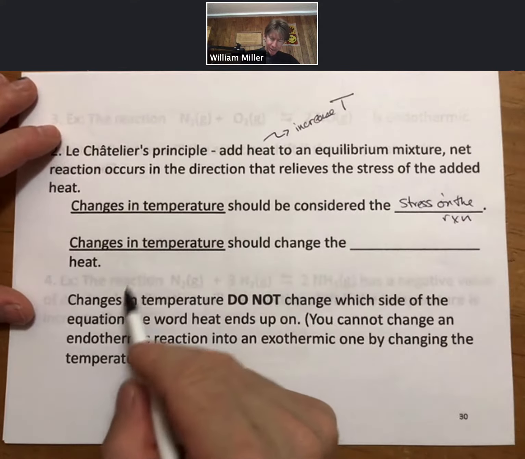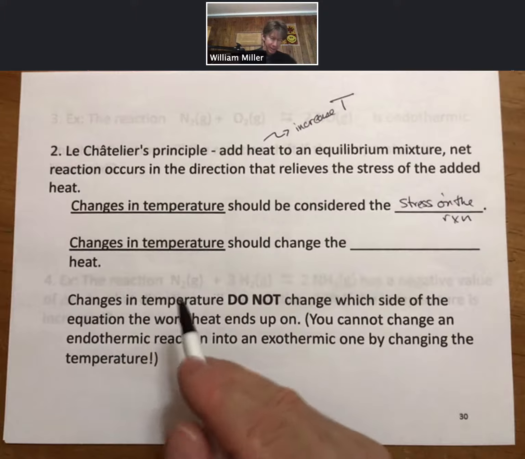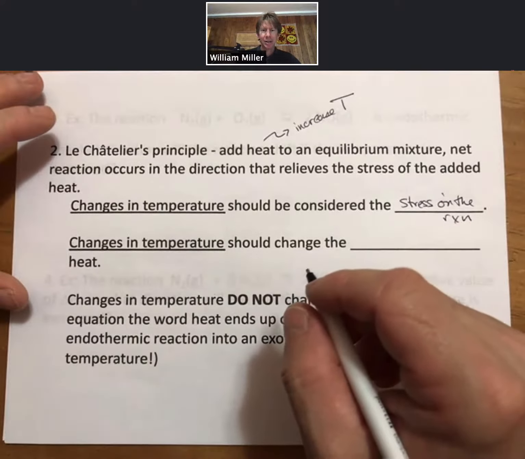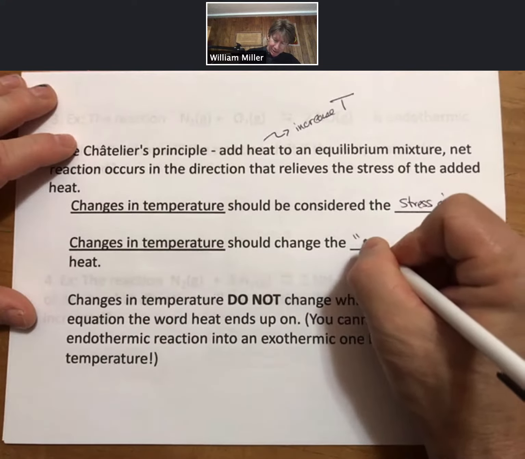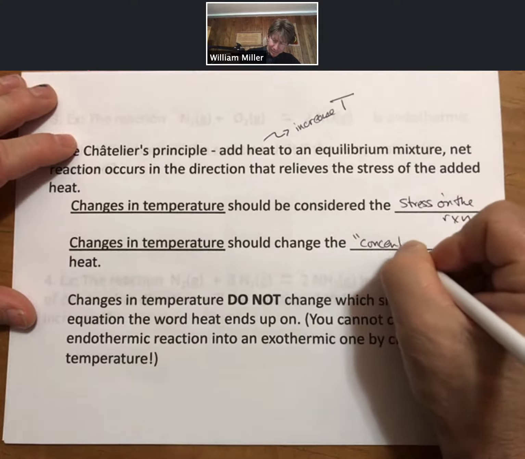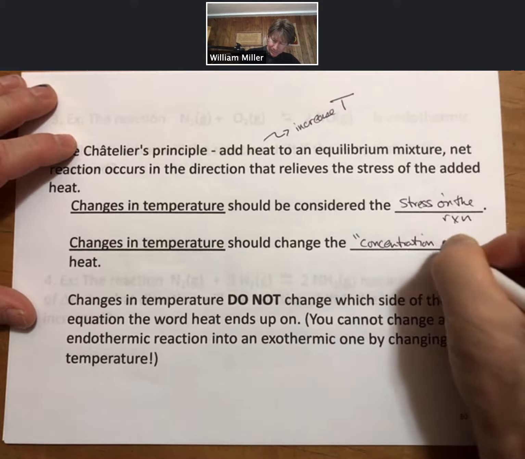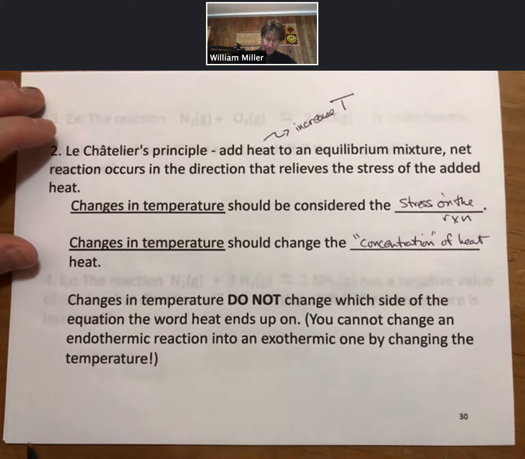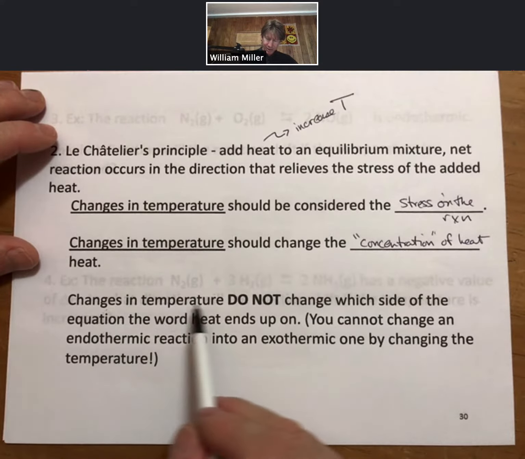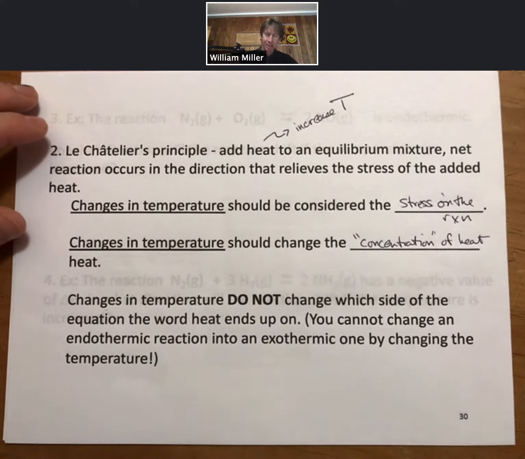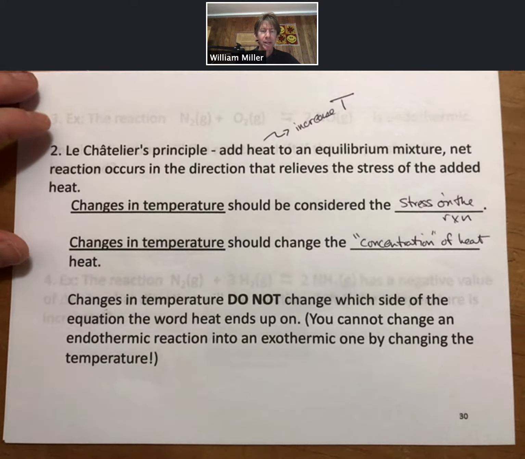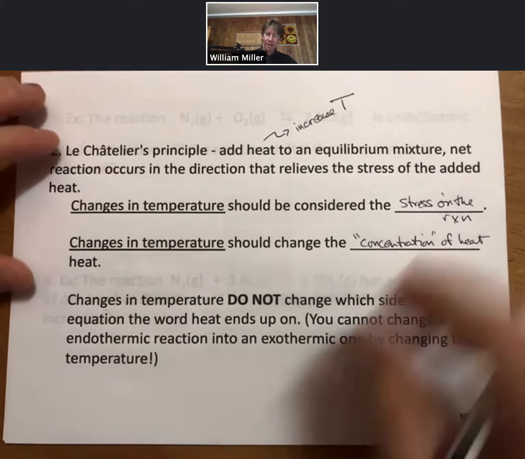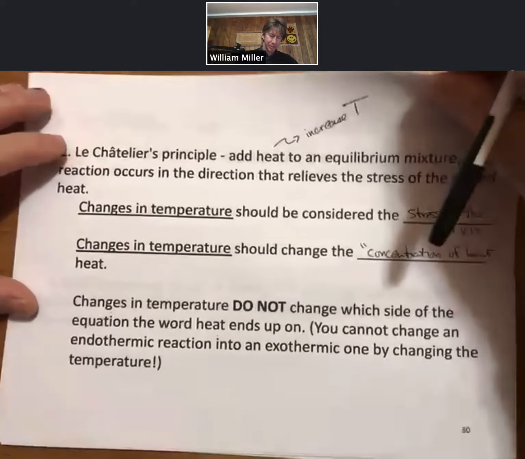Here's an analogy: it's like changing the concentration of heat. Changes in temperature do not change which side of the equation the word heat ends up on, because a reaction is either endothermic or exothermic.